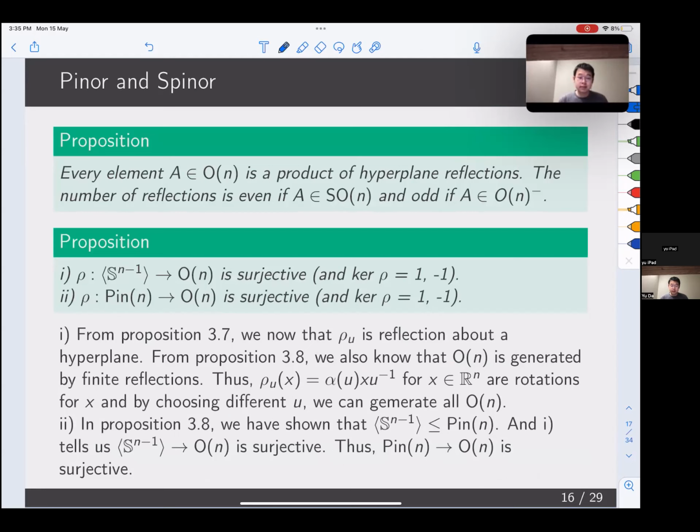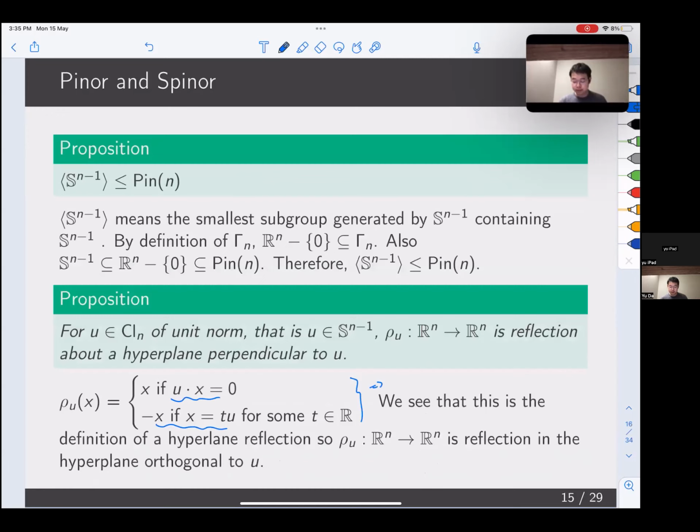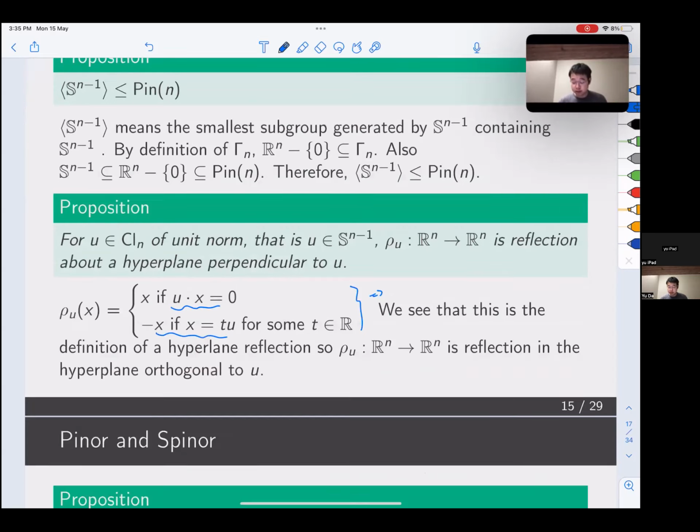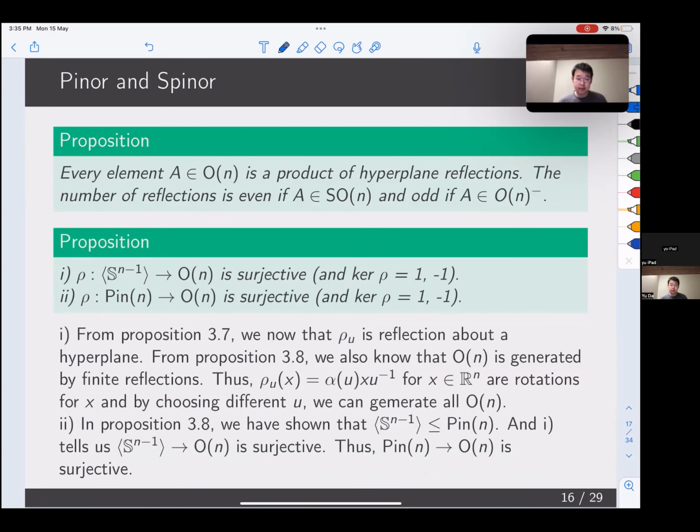So next, we have already seen that the map rho restricted to the unit n-1 sphere is hyperplane reflections, and we also know that the orthogonal group is generated by hyperplane reflections. So we can think of rho restricted to S n-1 to ON as surjective.